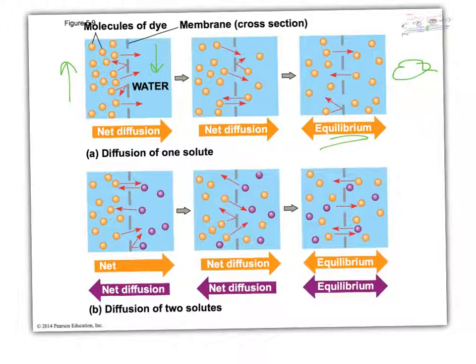Okay? And this shows you examples of both one solute and two solute. What is a solute? Something that's dissolved into solution. What's a solvent? Something you use to dissolve the solute, right?